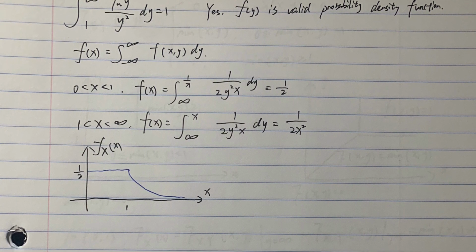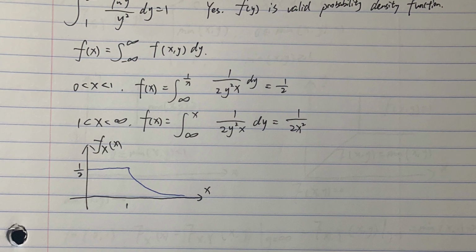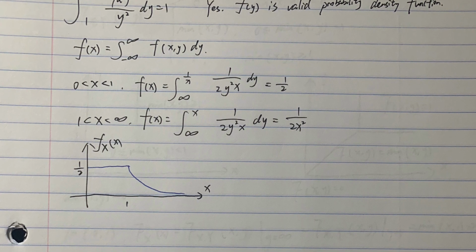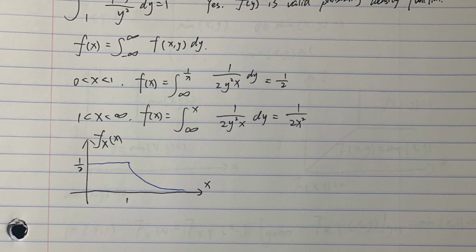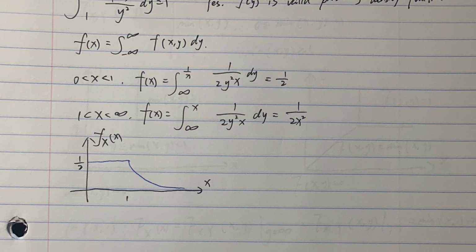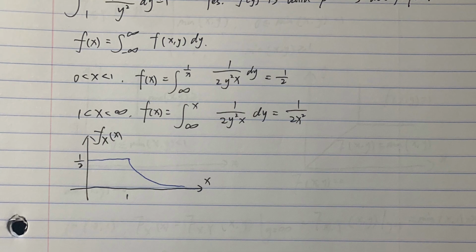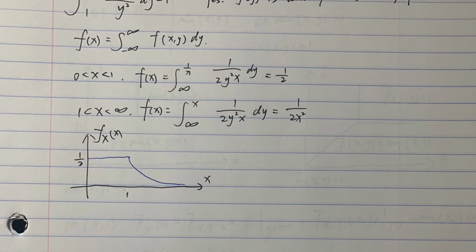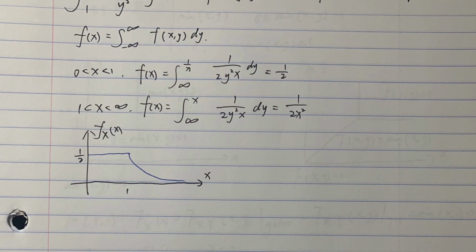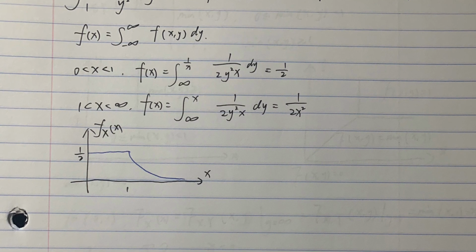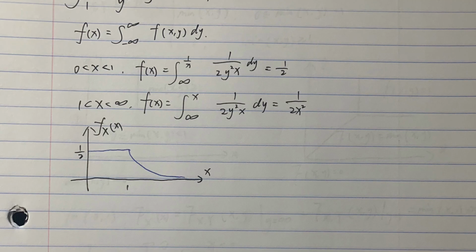And f_X equal to the integral from negative infinity to infinity of f(x,y) dy. When x is between 0 and 1, f_X equal to the integral from 1 over x to infinity of 1 over 2 multiplied by y squared multiplied by x dy, equal to 1 over 2.